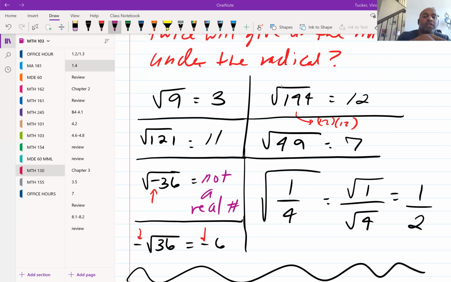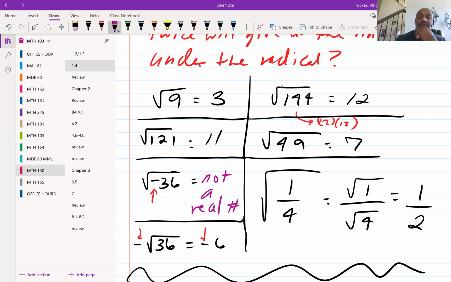All right. So is everybody okay with these two, seeing the difference, what you can do, what you cannot do? You're saying negative 36 is not a real number. What that means is the square root of negative 36 is not a real number.